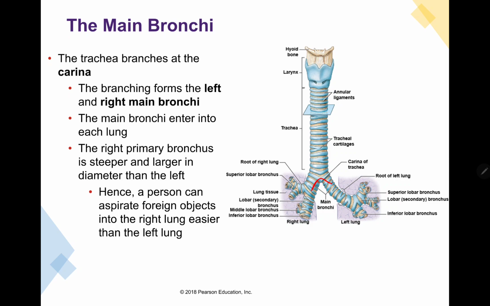So typically, if you were to choke on something or swallow something, a person can aspirate foreign objects into the right lung more easily than into the left lung, because it'll fall down typically into that right lung, because it's steeper and also wider.